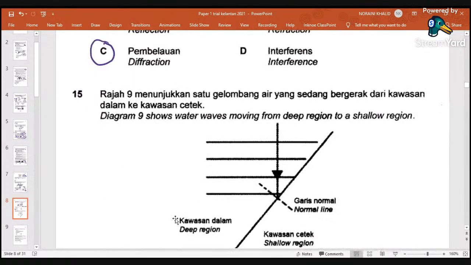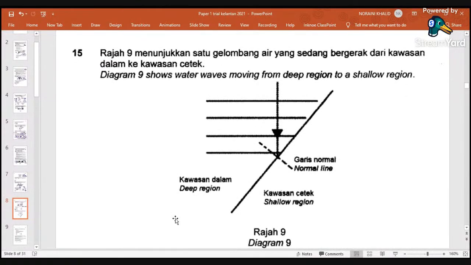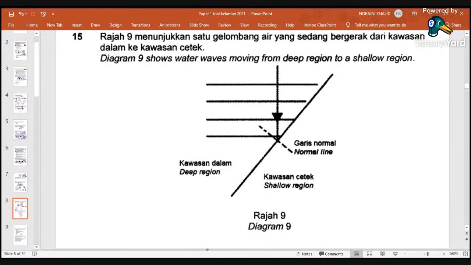Number 15, diagram 9 shows water wave moving from deep region to shallow. So this is the deep region, this is the shallow region. Distance between two wavefronts is lambda. So this line we call the wavefront. The line with arrow here we call the direction of wave.